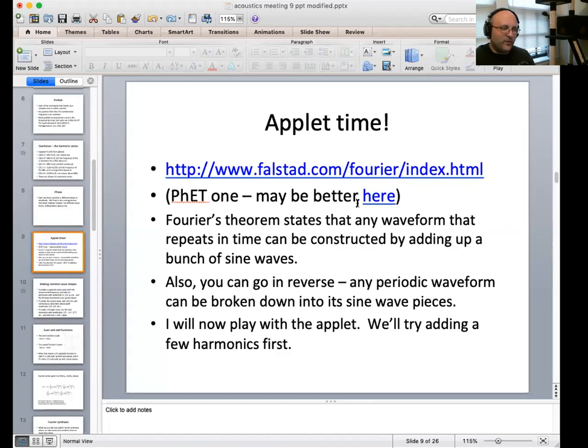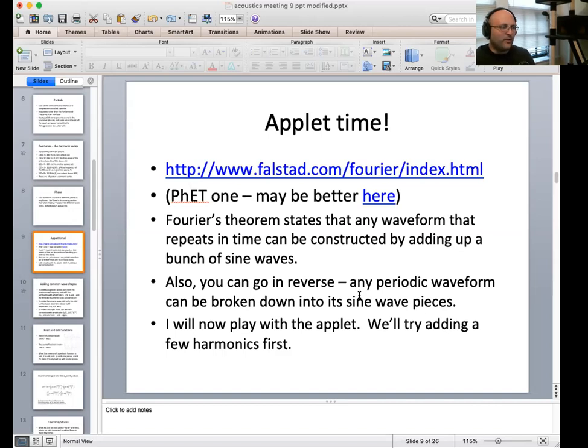I say this FET one may be better, but it's not as accessible. Macs just don't like it, so that's why I needed to do a voiceover a different way. But I definitely encourage you, if you can, to click on this and go to it and just play around with some of the settings. You can do that even before I walk you through it in a different video.